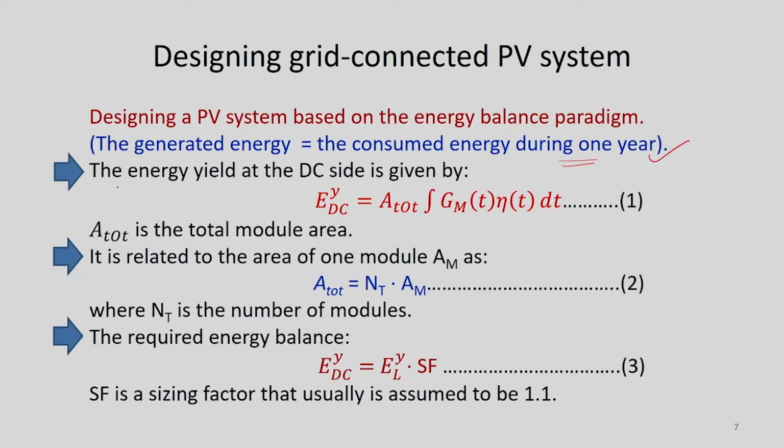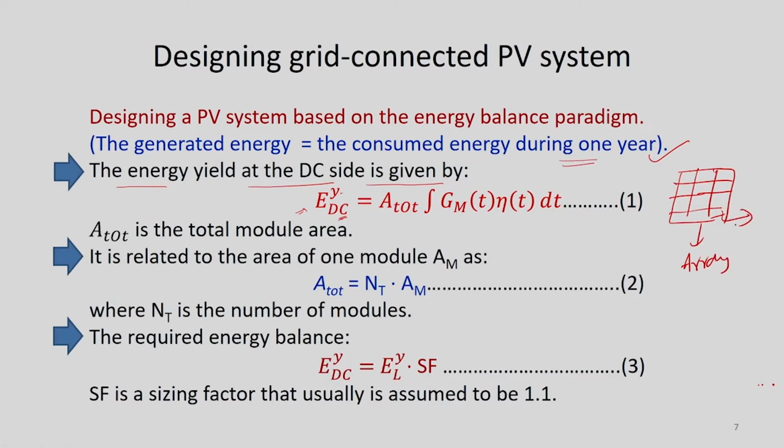So, the energy yield at the DC side is given by E, the energy, yearly energy, Y stands for yearly and DC stands for DC. Okay. So, this is something like if we have these PV modules, there are many modules, okay, so this becomes an array.